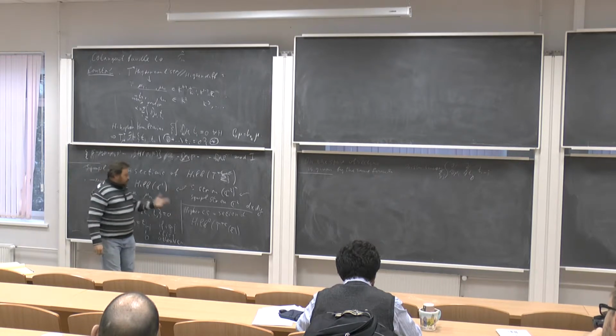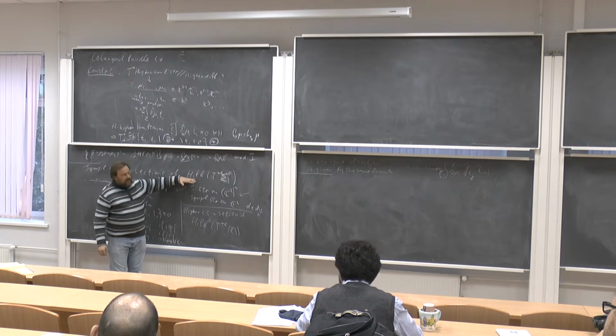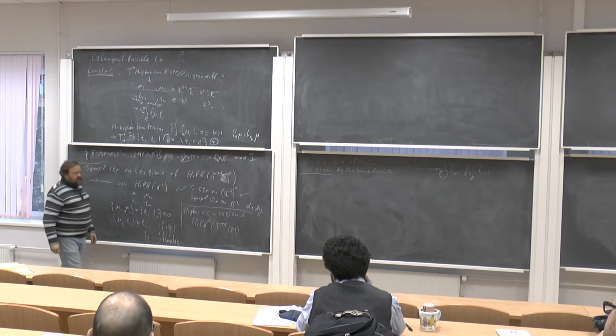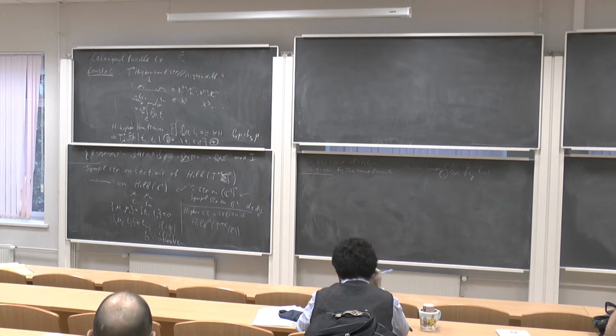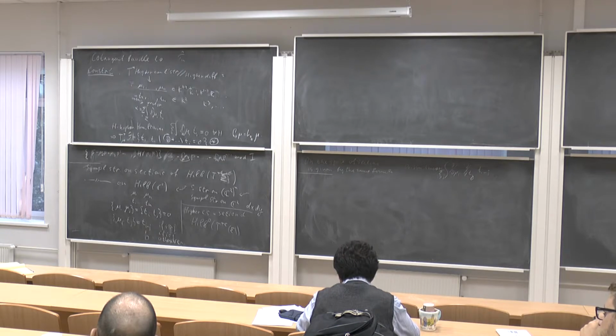Now I want to describe the cotangent bundle, and I want to explain that more or less this is the space which you get if you consider Hilbert 0, then consider Hilbert everything, and you get what you want.